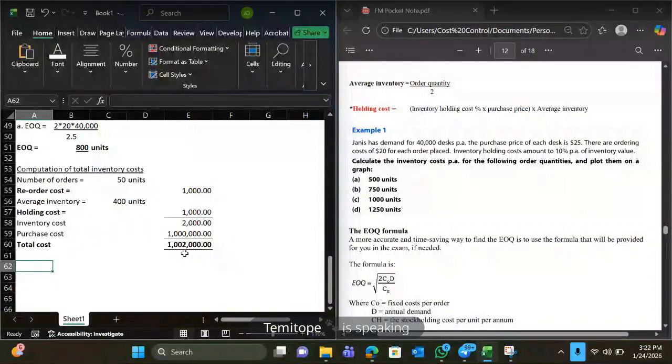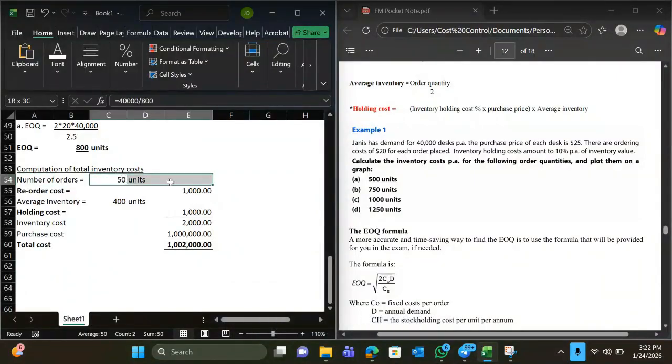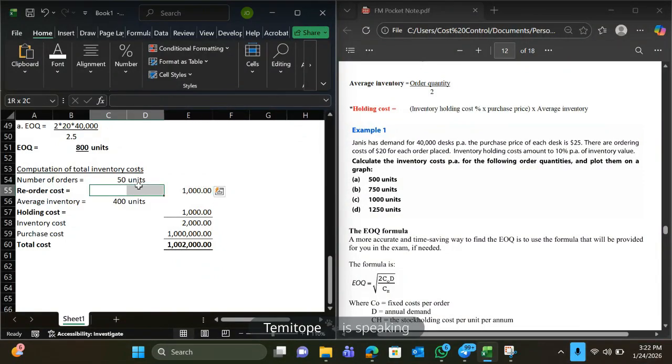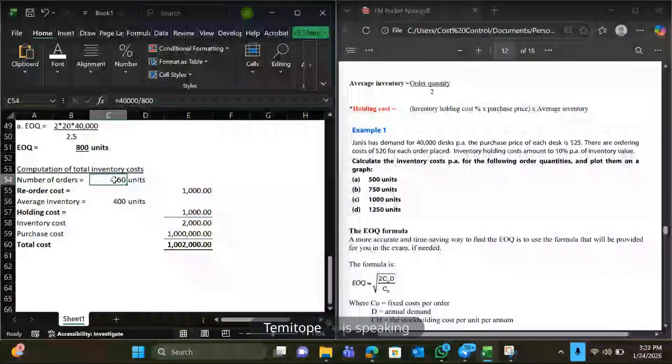The computation of total inventory cost. But you got the number of orders, right? Well, okay, the number of orders, was it stated in the question? Because I can't find it there.